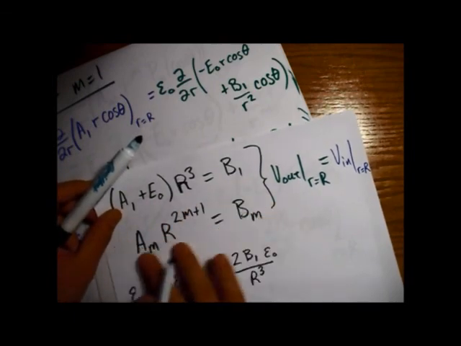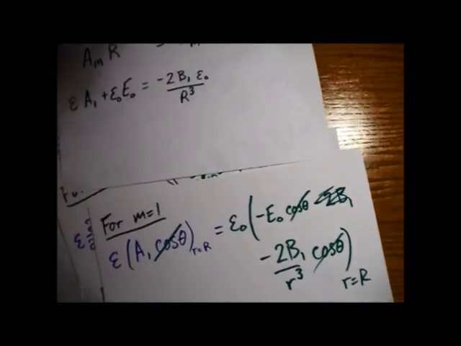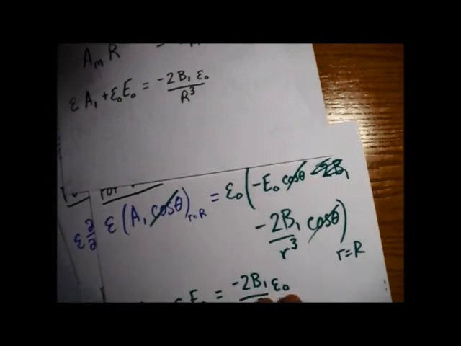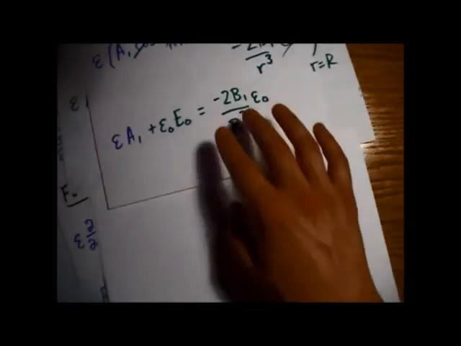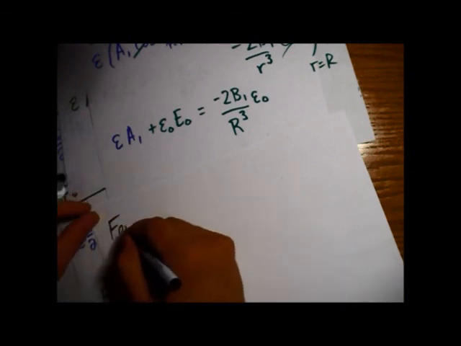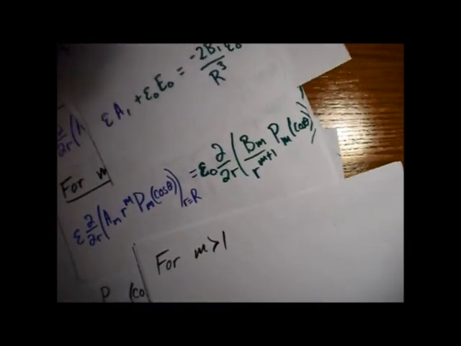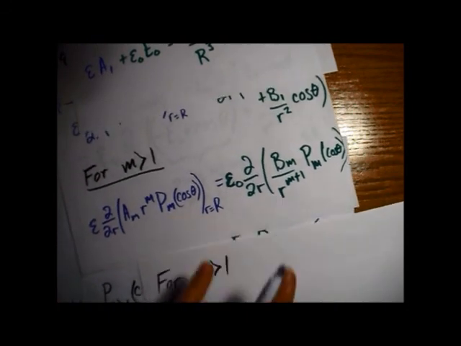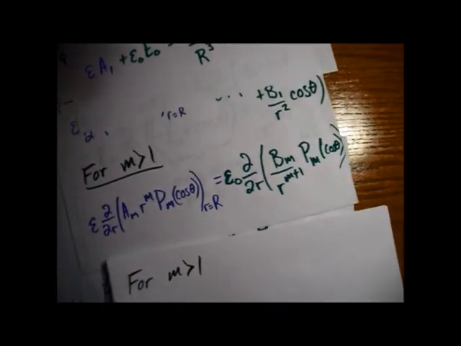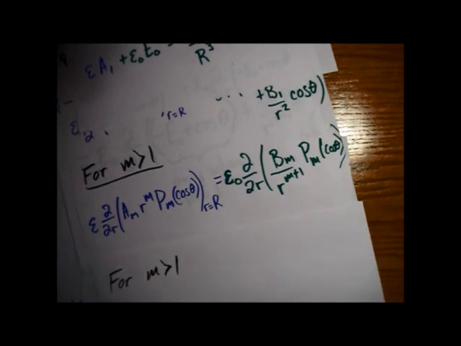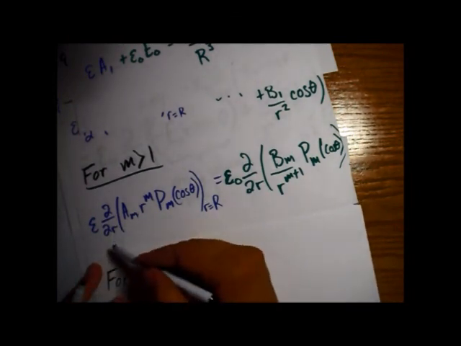Now let's go back and look at the equations for m equals everything but 1. Again, these are all positive integers, so alright, so we're looking at this. Okay, so one thing we can notice is that we're taking these derivatives, right?